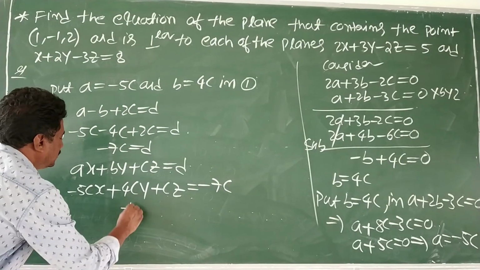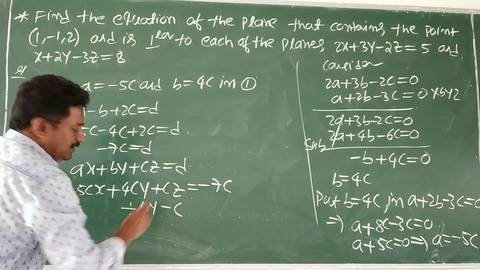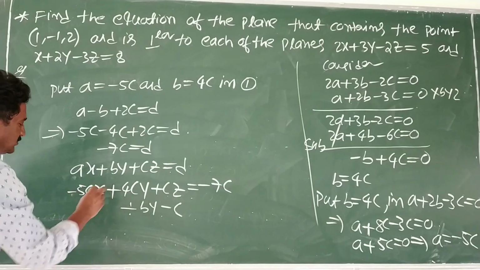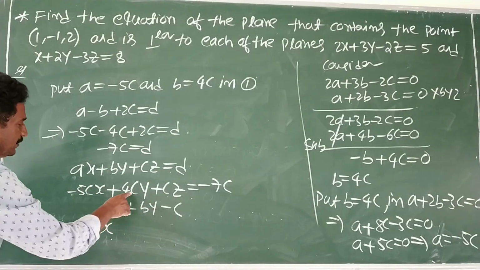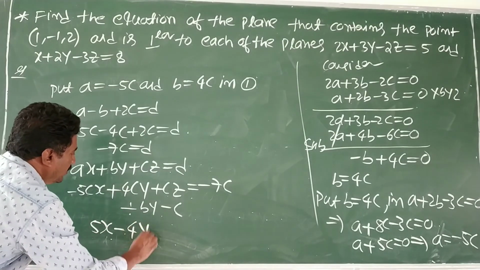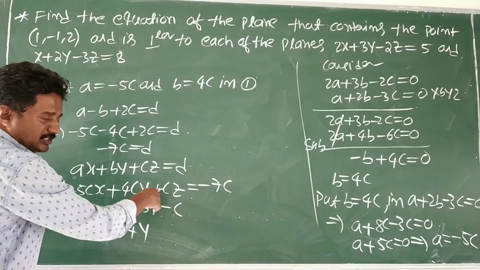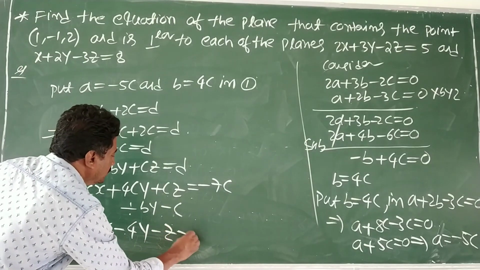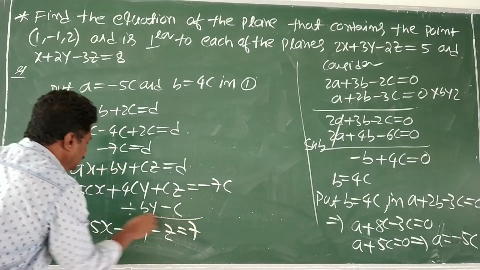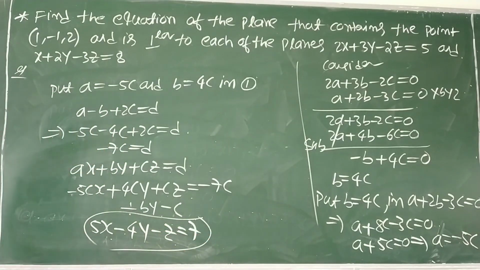Divide throughout by minus c. Then 5x minus 4y minus z equals 7. This is the required equation of the plane.